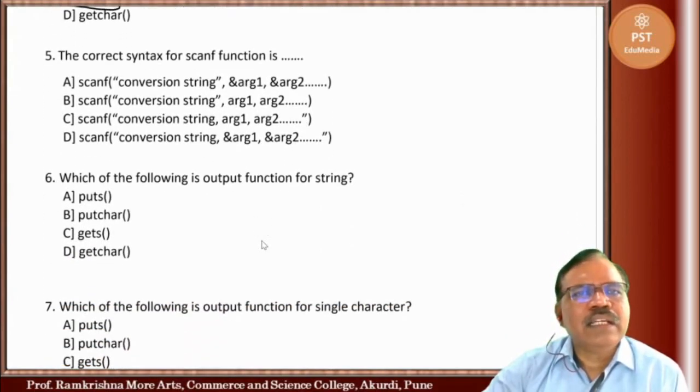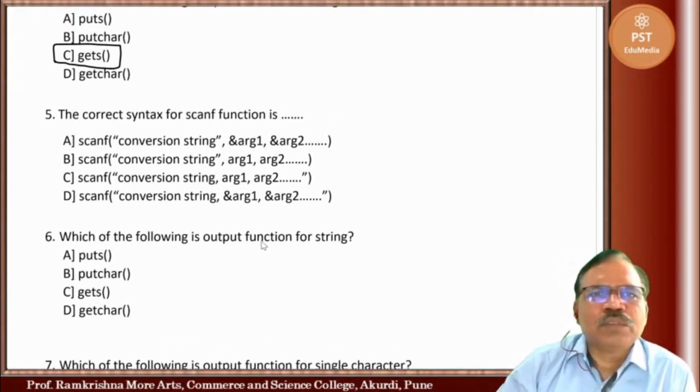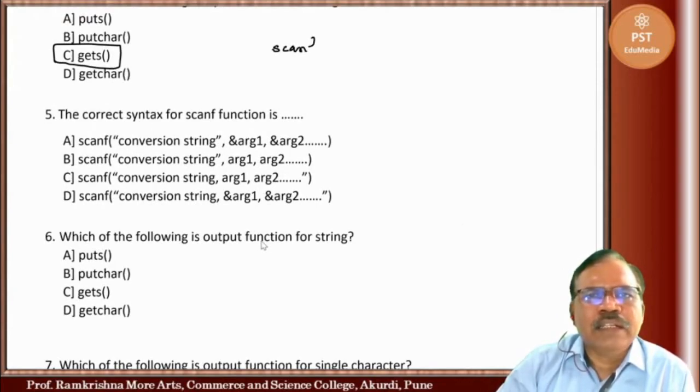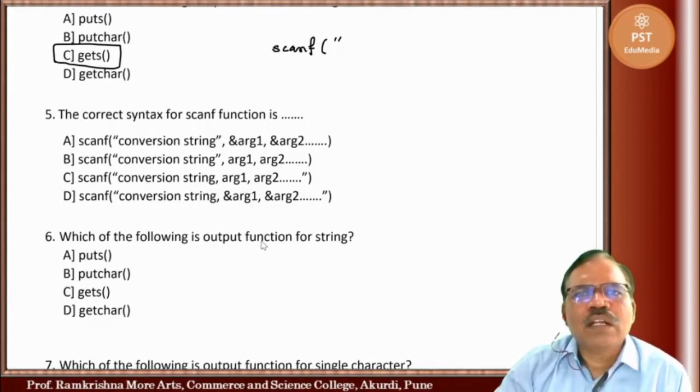Now next one, the correct syntax for the scanf function is. Correct syntax means suppose we want to use the scanf function to take the input. So we write scanf in brackets, then double quote. Here we have the conversion string, and then we write the & and argument.